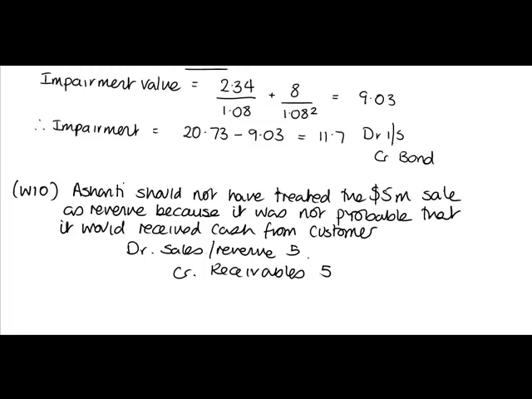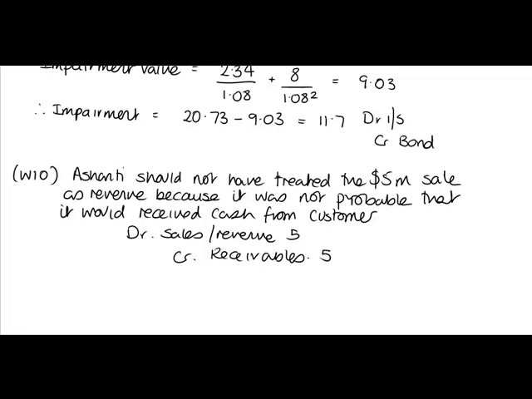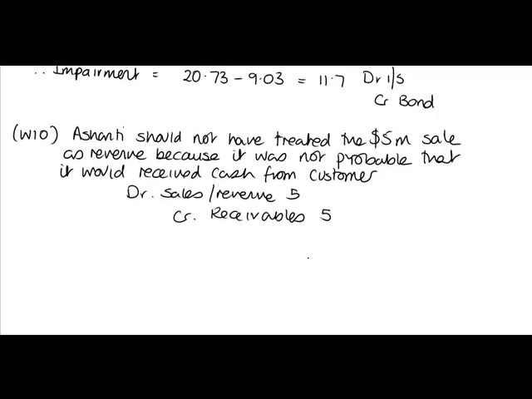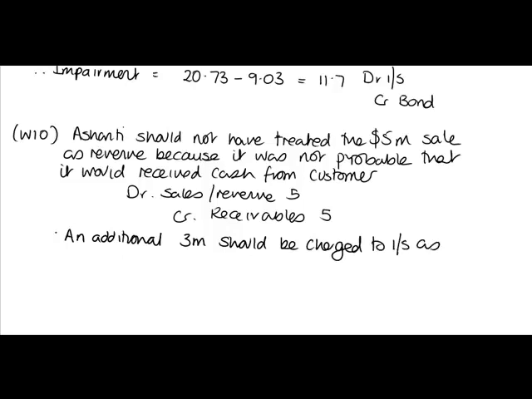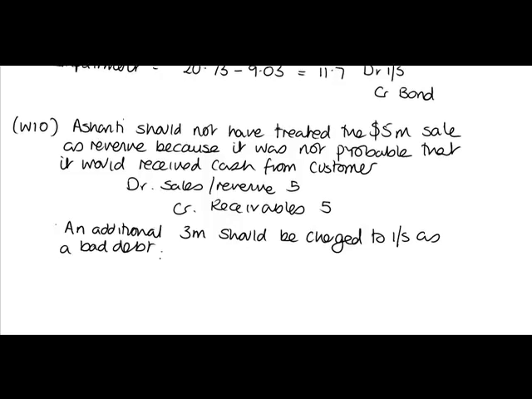Ashanti wishes to make an additional allowance of 8 million against the total receivable balance at the year end, of which 5 million relates to this sale. So an additional 3 million should be charged to the income statement as a bad debt.